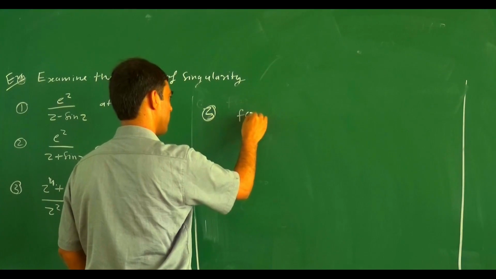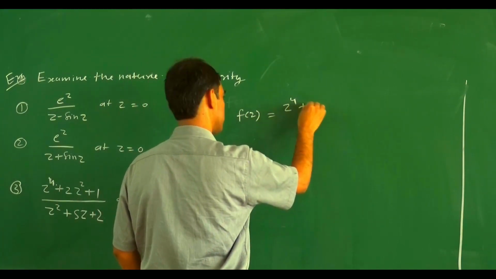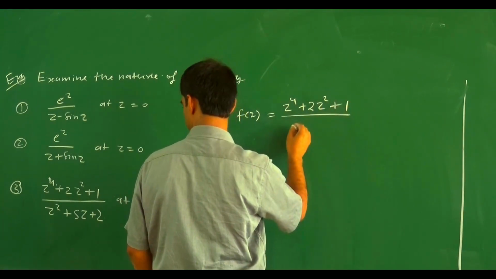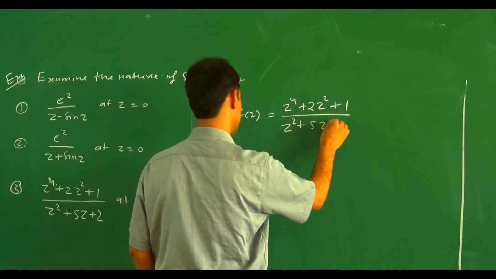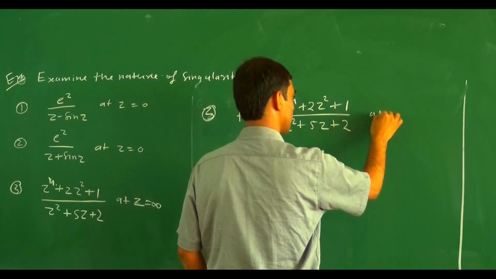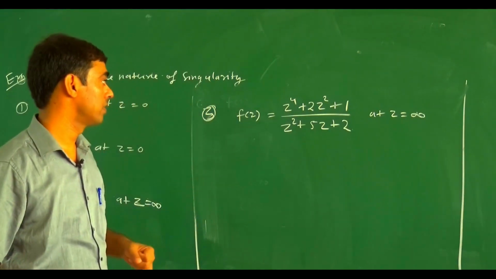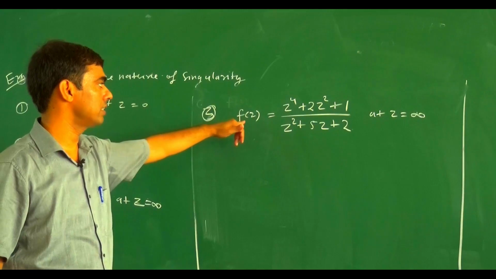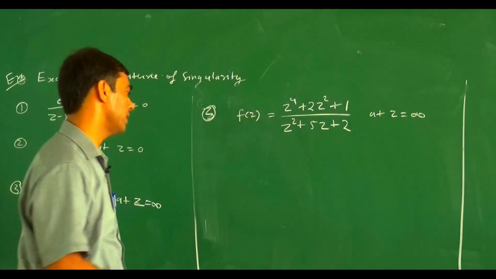f(z) equals z to the power 4 plus twice z square plus 1 divided by z square plus 5z plus twice, at z equals infinity. As we discussed earlier, the behavior at z equals infinity is equivalent to the behavior at w equals 0 if we replace z equals 1 by w.